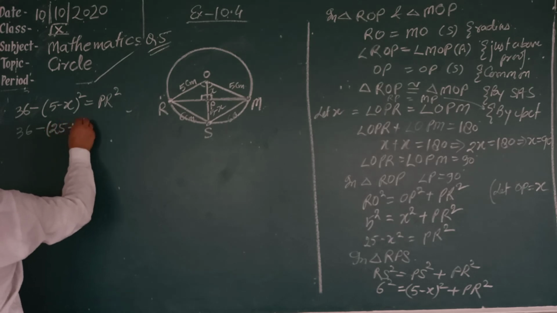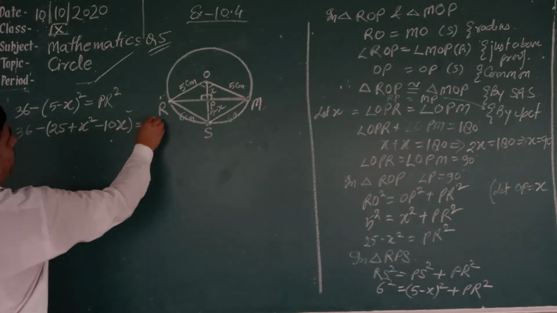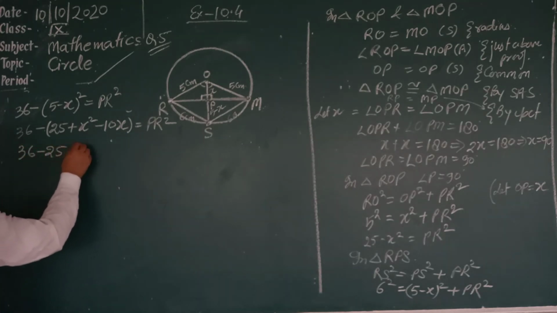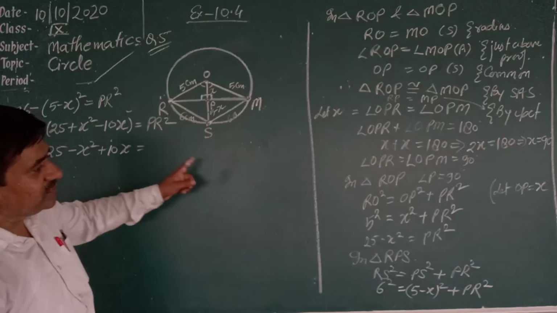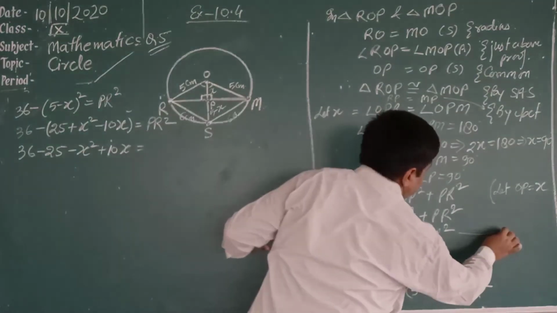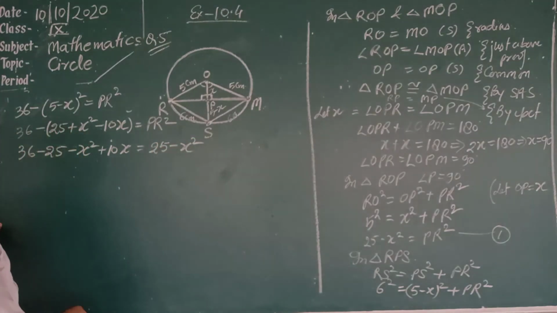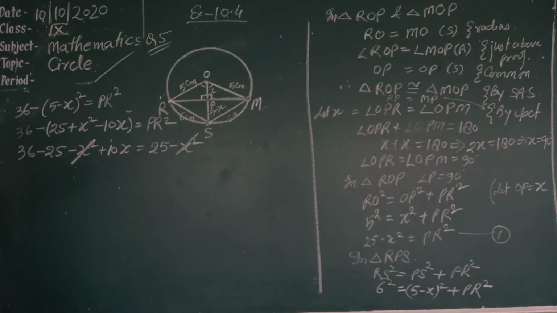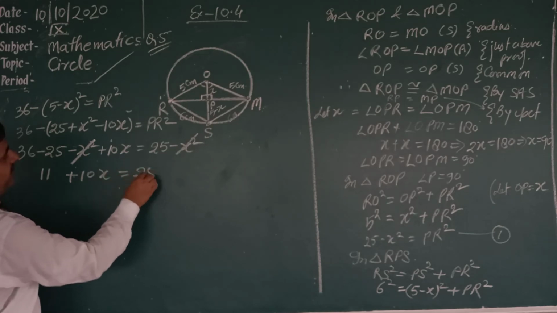That is 36 minus 25 minus x square plus 10x equals PR square, and the value of PR square we will take from equation 1. So now it is 25 minus x square, okay, x square will be cancelled, and now what is this, that is 11 plus 10x equals 25.